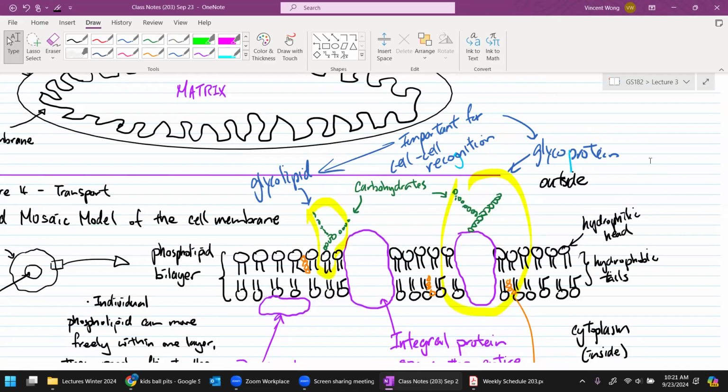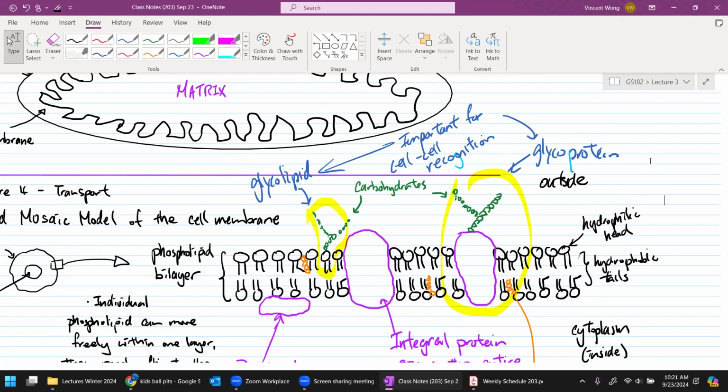So it turns out on the surface of all cells, your cells, bacterial cells, all kinds of cells, they have these glycoproteins and glycolipids. That kind of creates an ID tag for the cells to scan. So when your white cells see some ID tags that do not belong to the body, they know to attack it.